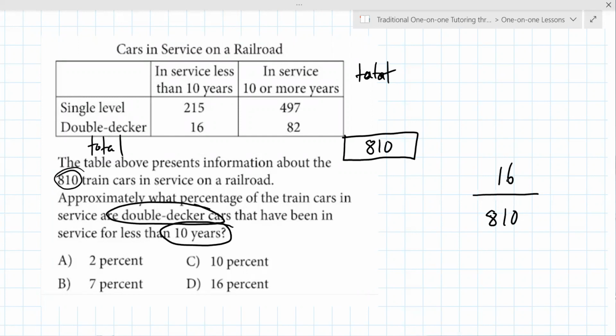You have to divide 16 divided by 810. Okay, it's 0.08.